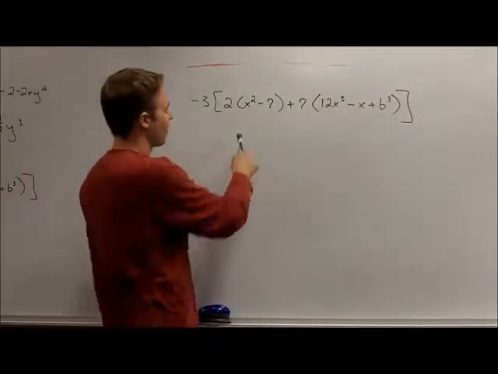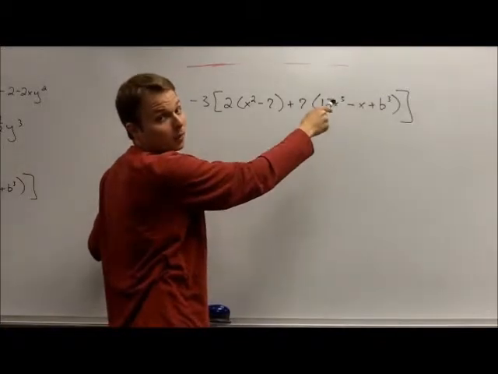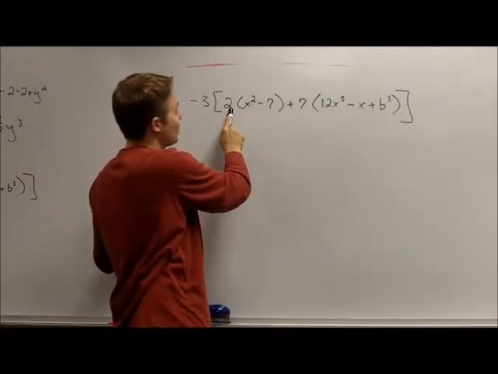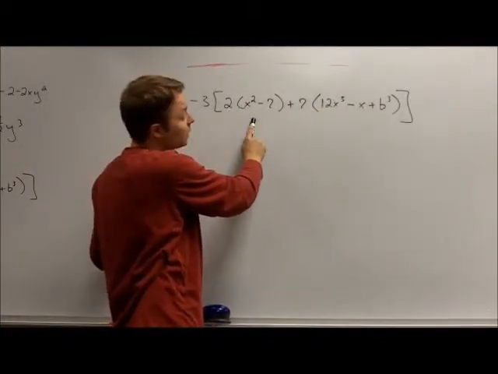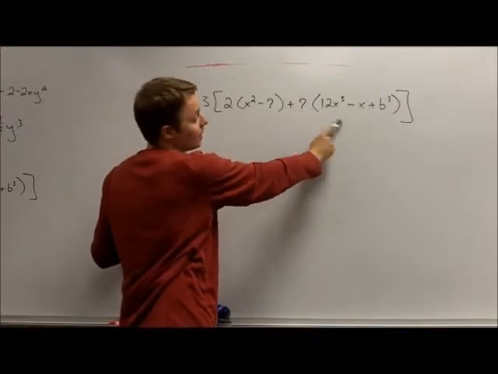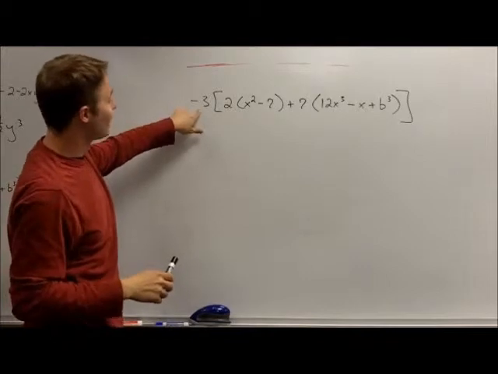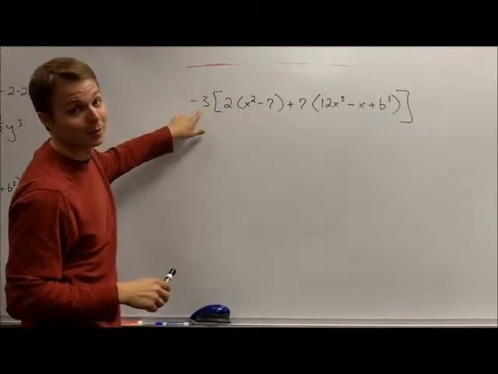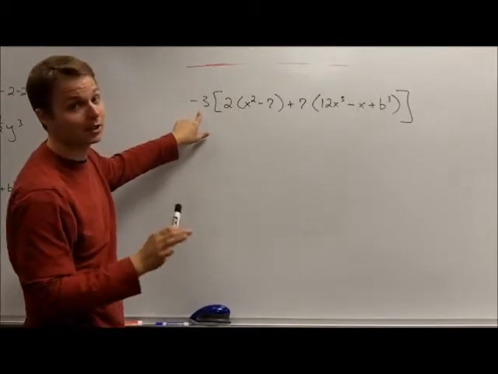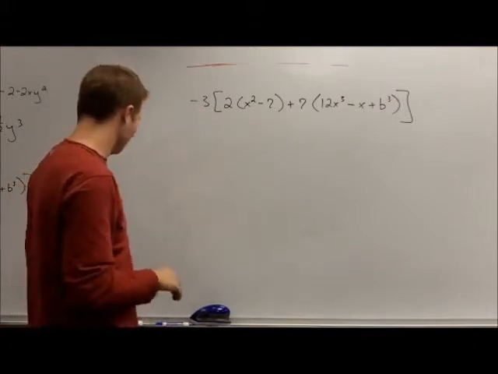And you'll notice that we have quite a bit of distributing to do before we do anything. First of all, I need to distribute this 2 among this parentheses, and I need to distribute this 7 out to all of the terms in that set of parentheses. And then at the end, we're going to have to distribute out this -3. So we have quite a bit to do before we even start combining like terms.